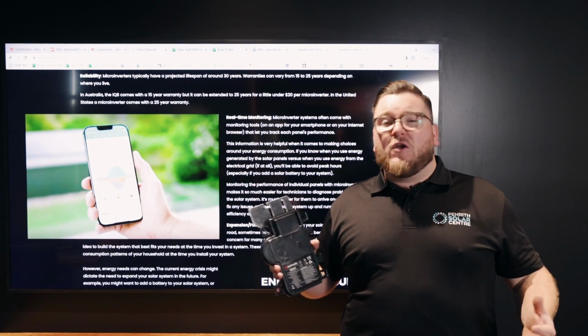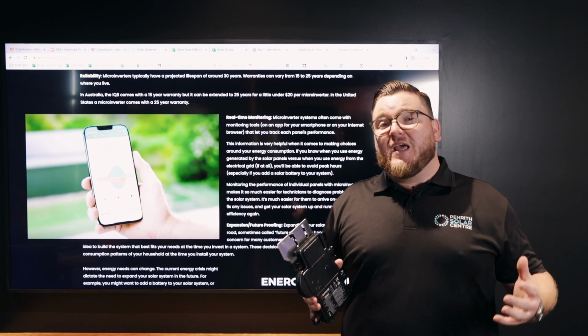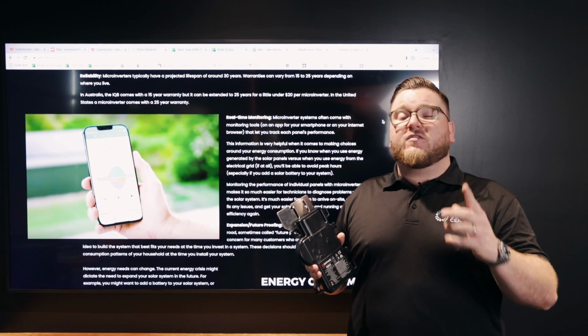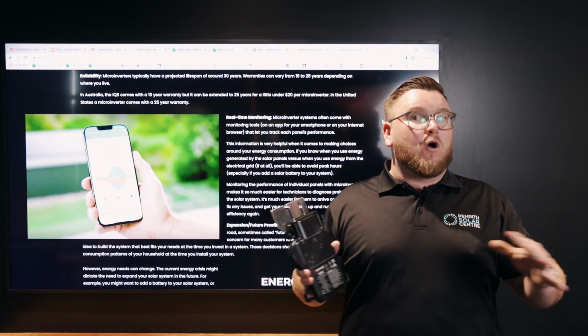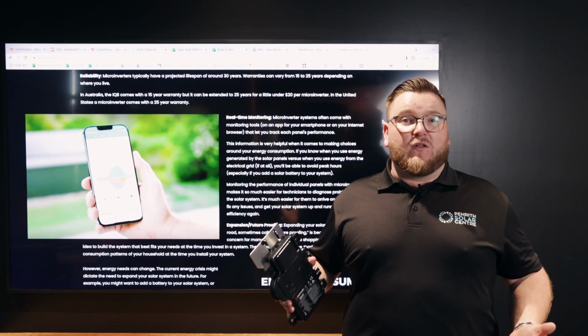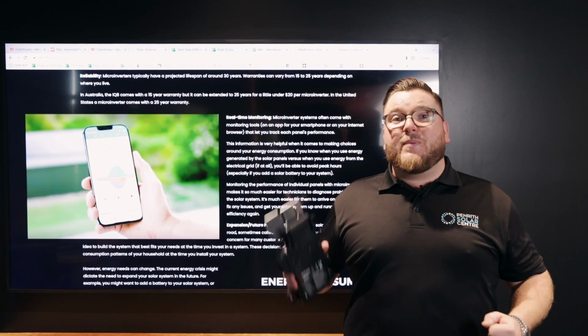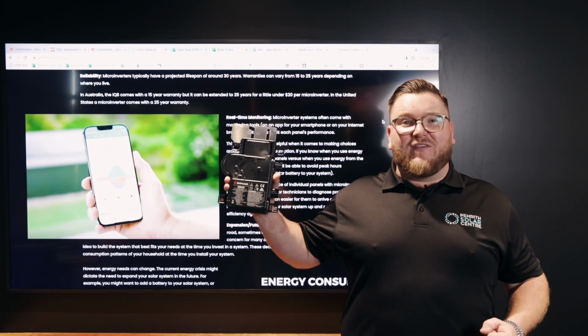So you can chime in on any day and see how each panel's performing independently. It is the most transparent solar monitoring platform in the world, and there's a good reason for it. Every single Enphase system at Penrith Solar Center comes with consumption monitoring, and that is one of the biggest advantages of doing an Enphase system.